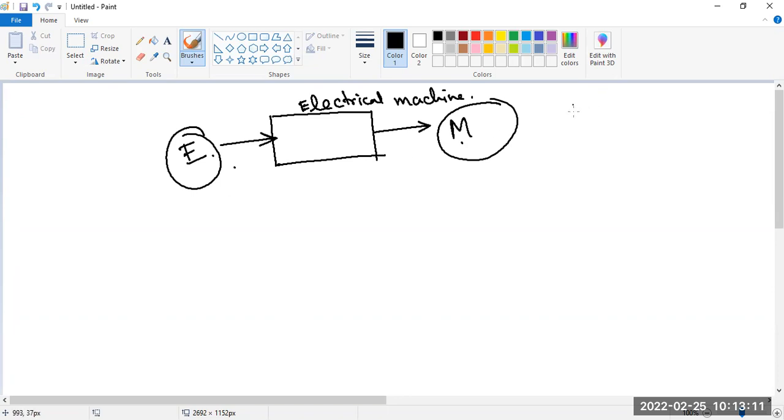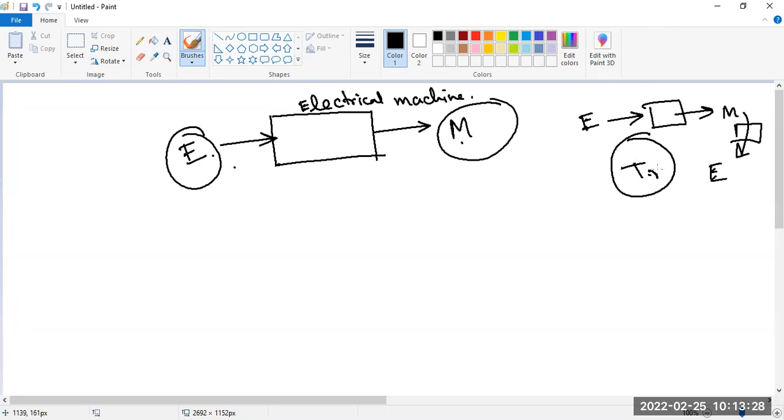Sometimes in machines the electrical energy is converted into mechanical energy or some other form of energy and then converted again into electrical energy. This type is called the static machine, that is the transformer. And this type is a rotating type machine, that is the motor.